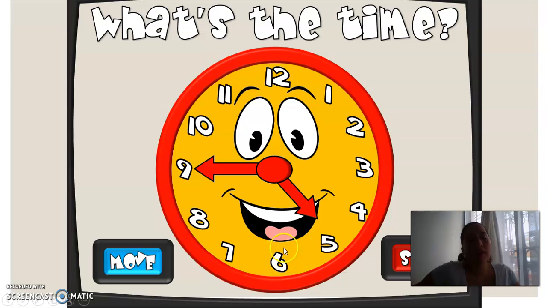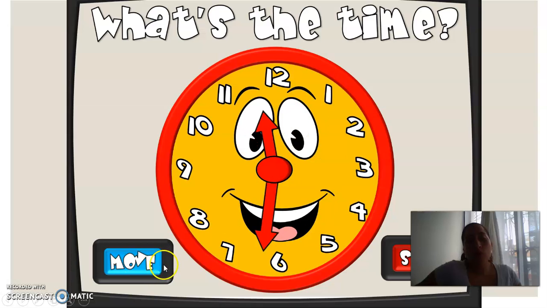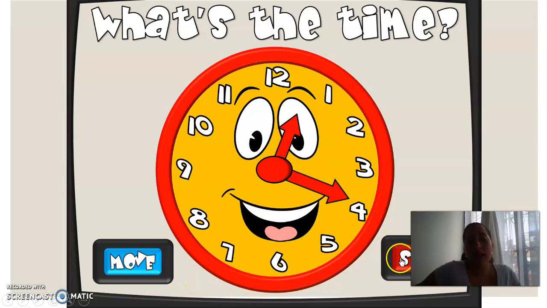A quarter to 6. Decimos aquí que nos hace falta un cuarto, 15 minutos para la siguiente hora, o sea, sería falta un cuarto para las 6. It is a quarter to 6. Okay, continue, move, move, okay, and then stop.